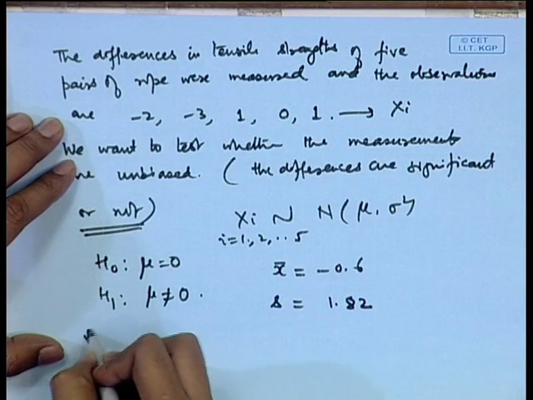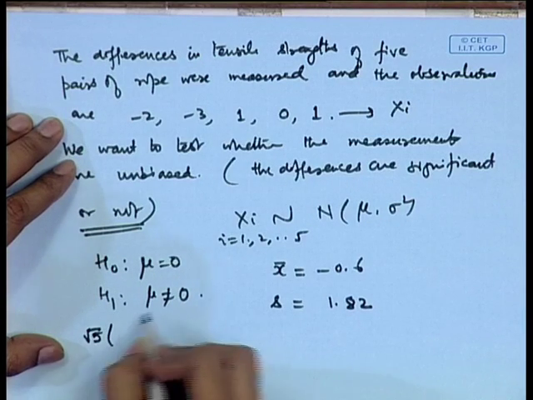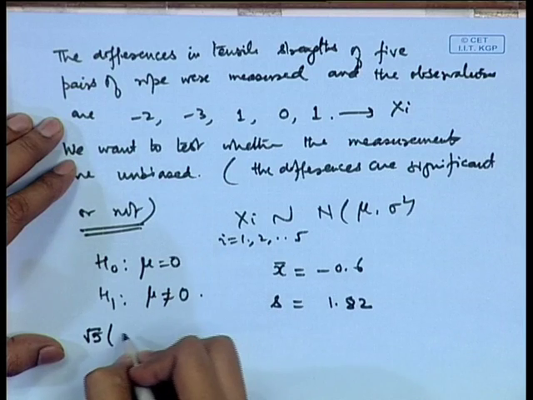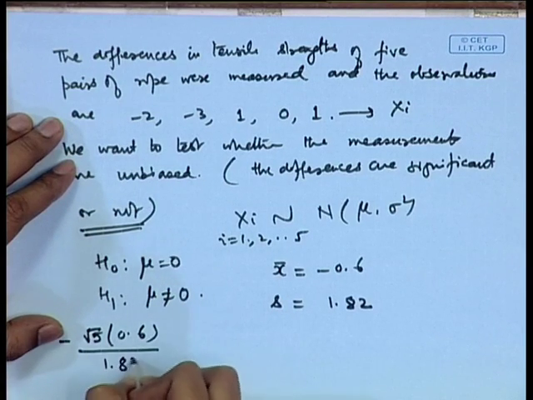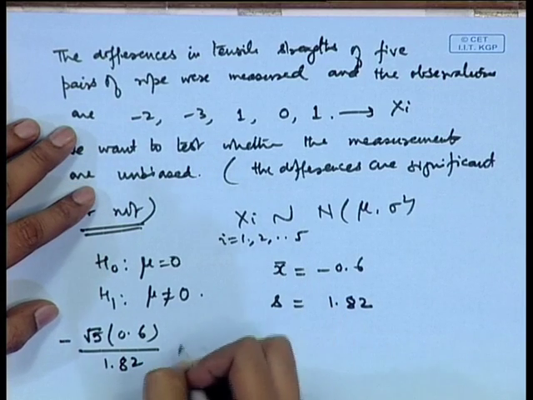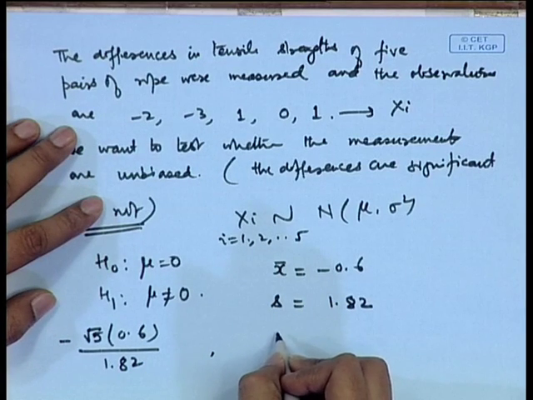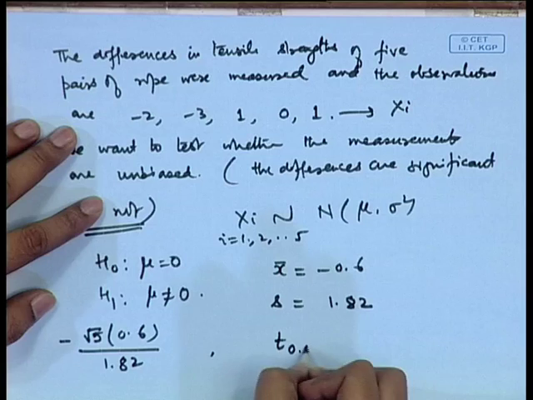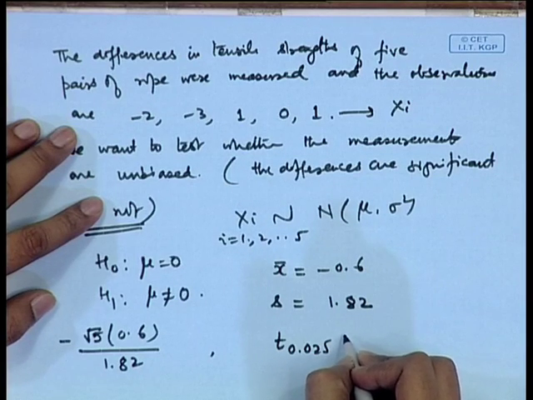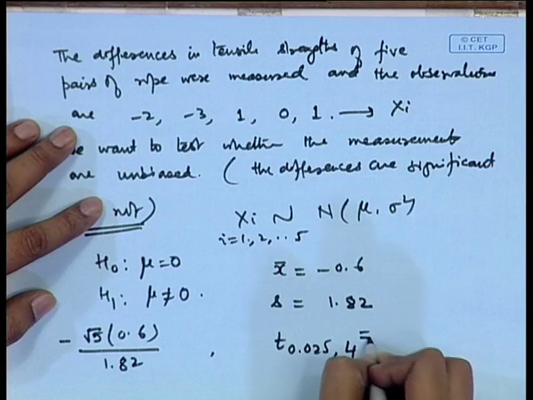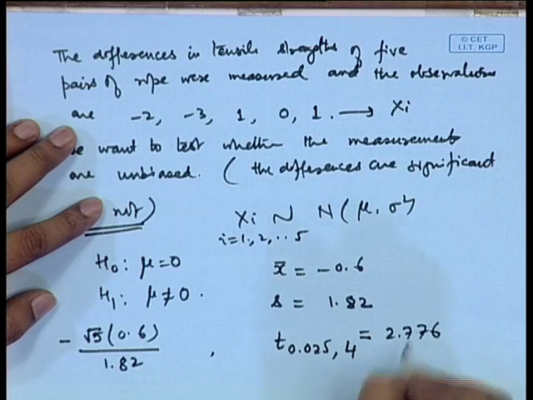So, we need to look at root 5. Since I am taking mu is equal to 0, then the test statistic is about minus 0.6 divided by 1.82 times root 5. Easily you can see, suppose I am seeing the value of t at say 0.025, that means I am making a test at level of significance alpha is equal to 0.05, then this value is 2.776.